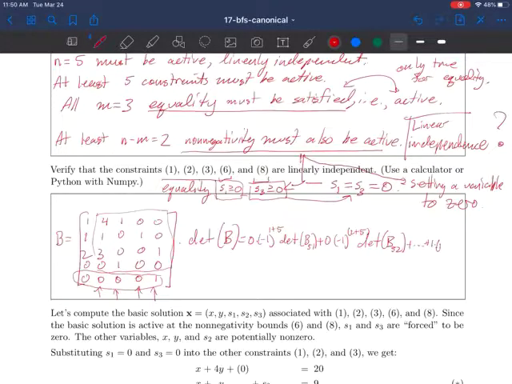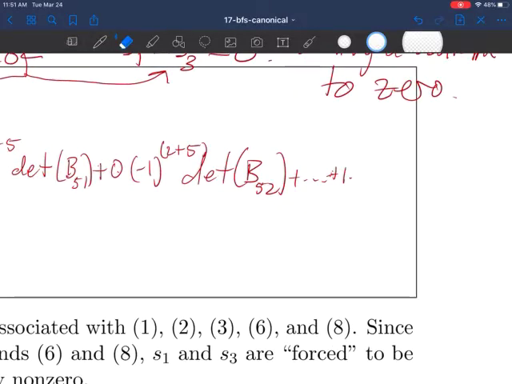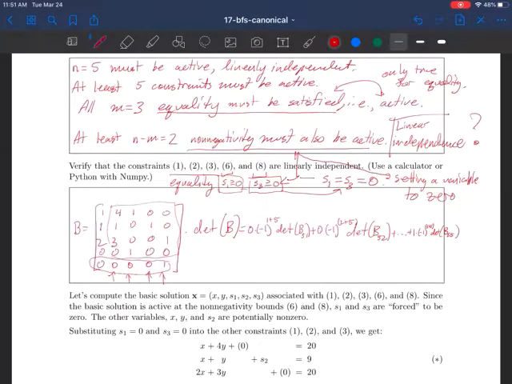And this is 1 times -1 to the 5 plus 5, so that's actually just 1, times the determinant of B5-5. Okay, well, what is that determinant? I'm going to put a green square around that matrix. That's this matrix here.